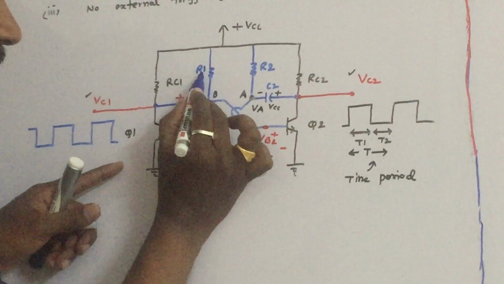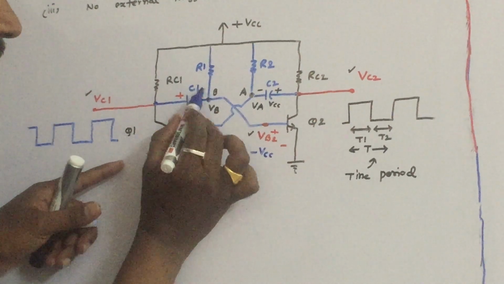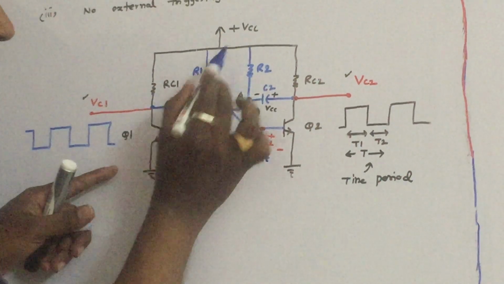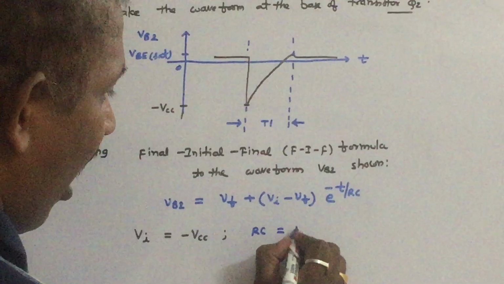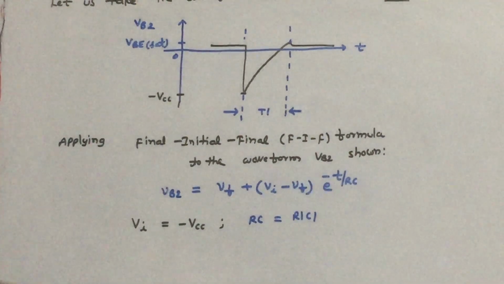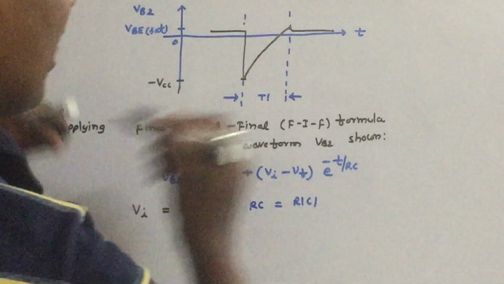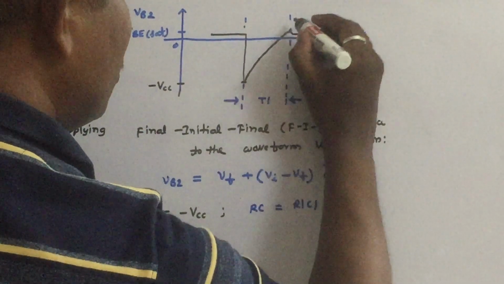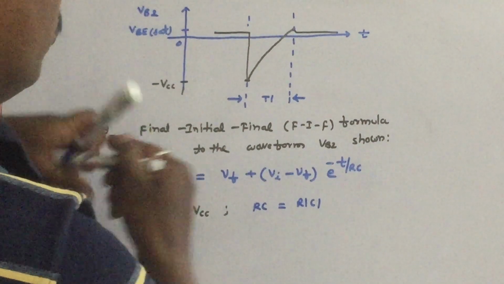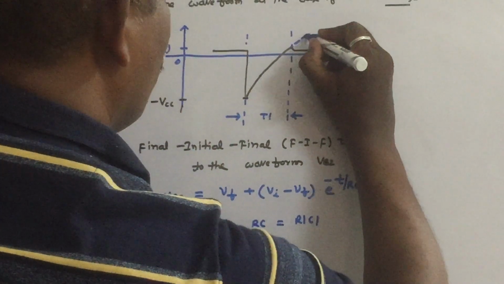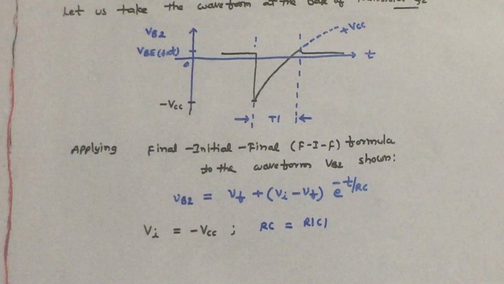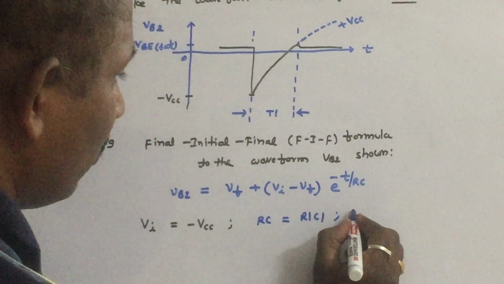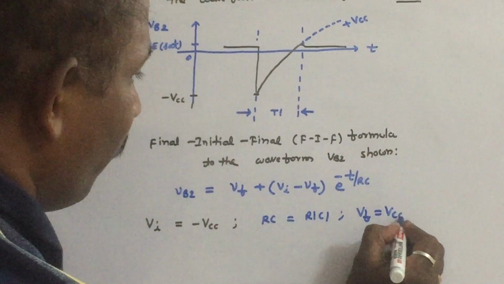Therefore, what is the time constant? We have to take R1 C1, and the final voltage to which it has to charge is plus VCC. These points are very important. So in this equation, what is RC? We have to take R1 C1. Once this capacitor discharges, it has to be charged to plus VCC, so the final value is plus VCC.